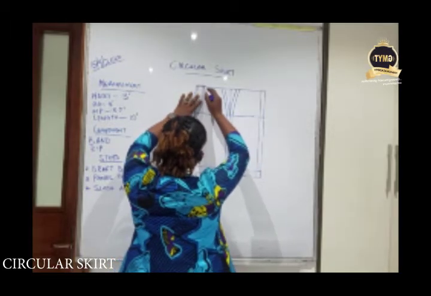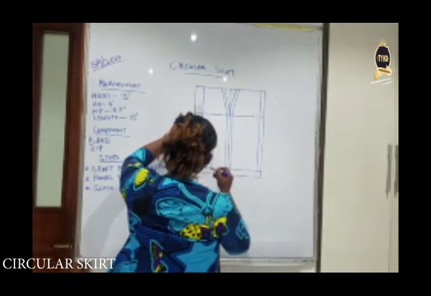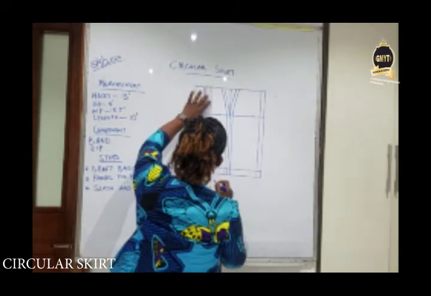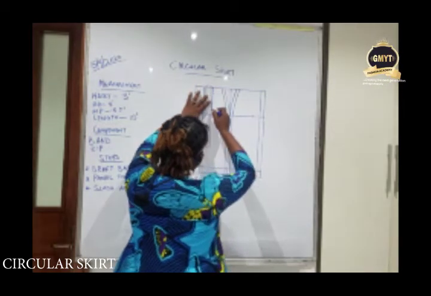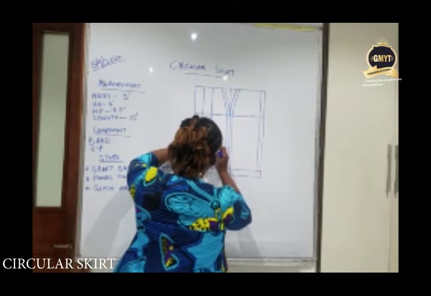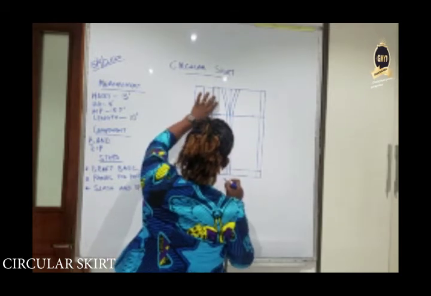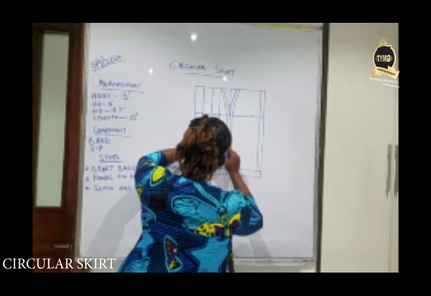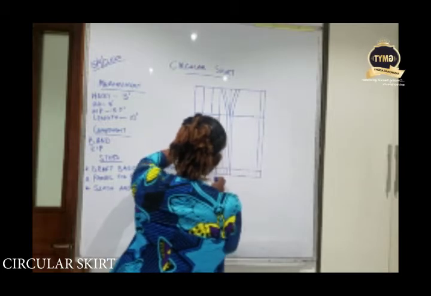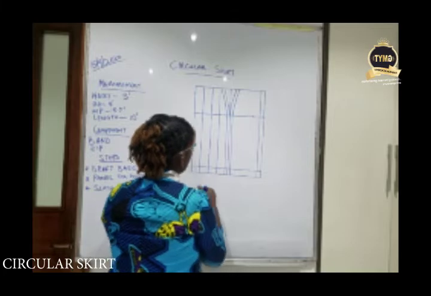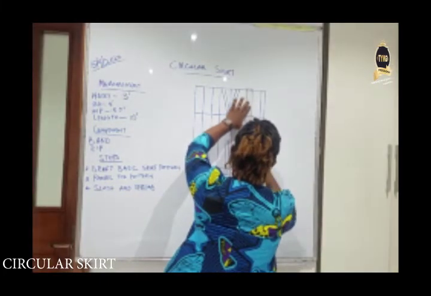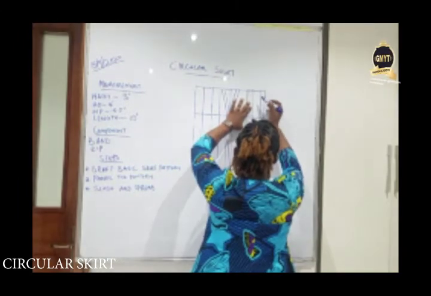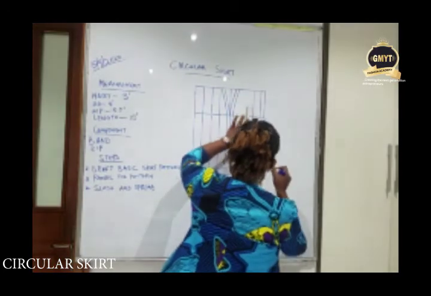I square it down and up, because these lines are the ones I'm going to slash and spread to form my flare. There are other methods of creating your slash lines on your pattern as well. We call it the fold method, whereby you fold your pattern paper into how many?